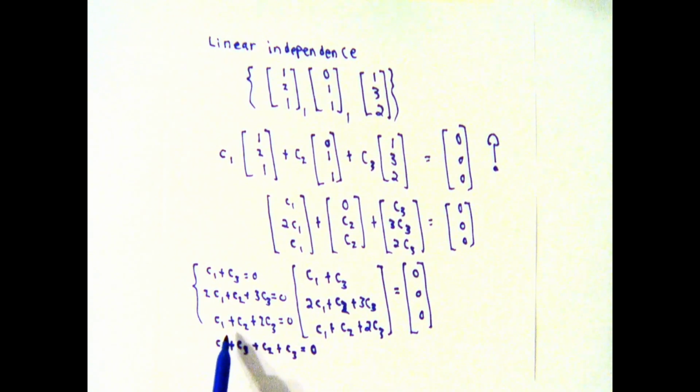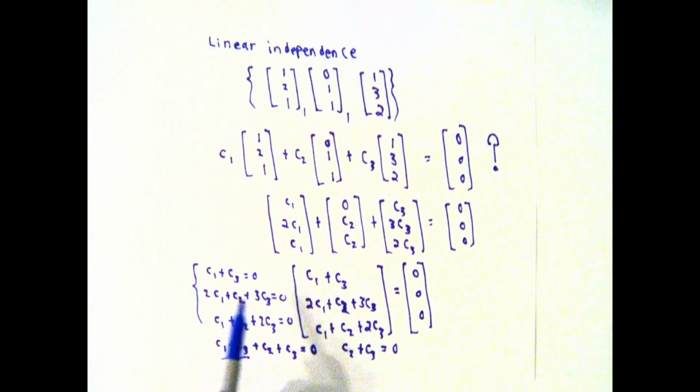If I write the third equation in a slightly modified way, I'll have C1 plus one of the 2 C3s plus C2 plus the other of the C3s, and I know that C1 plus C3 is 0. This means that C2 plus C3 must be 0.